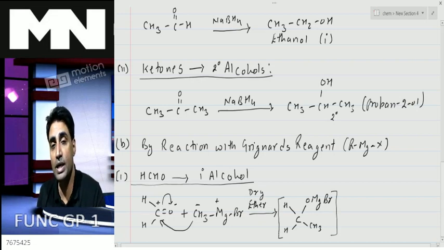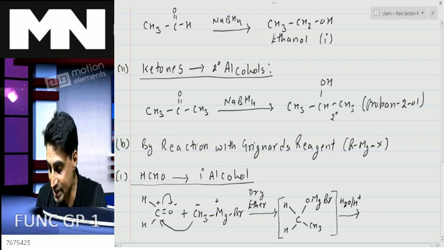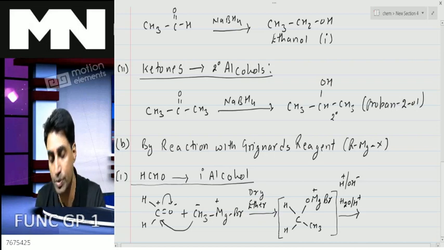In alkyl halides, I already told you that the reaction of Grignard's reagent is always followed by hydrolysis. So we'll add some dilute acid into this, that is H2O in the presence of H positive. In this case, water will break into H positive and OH negative. H positive will replace Mg positive.